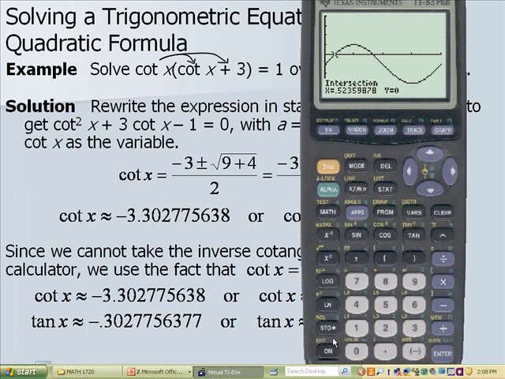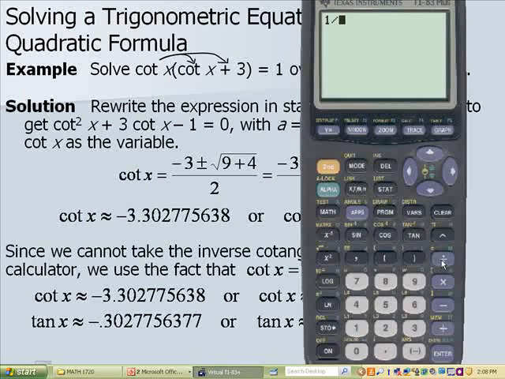So let's do 1 over that. And there we get our value of negative 0.302775637. And we do the same thing on the other side.